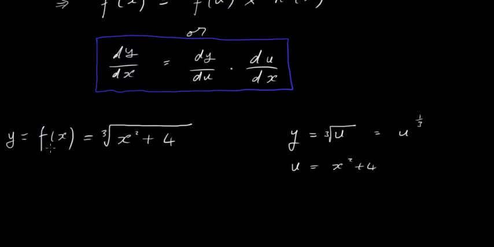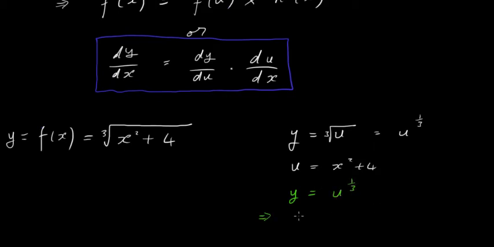Okay, so let's use our chain rule then. So we want dy/du and du/dx. So let's have a look at dy/du first of all. So this is our y function. So y is equal to u to the power of 1/3.